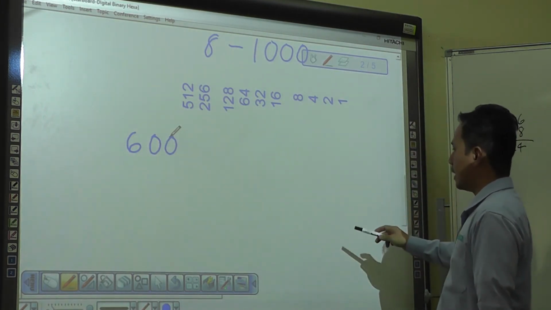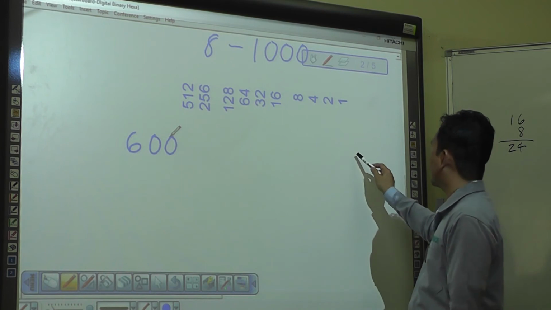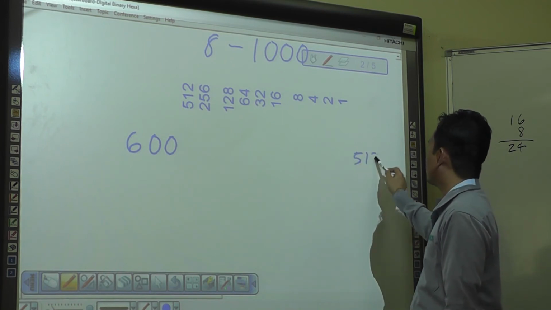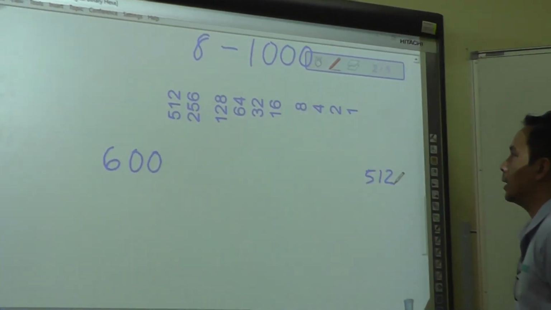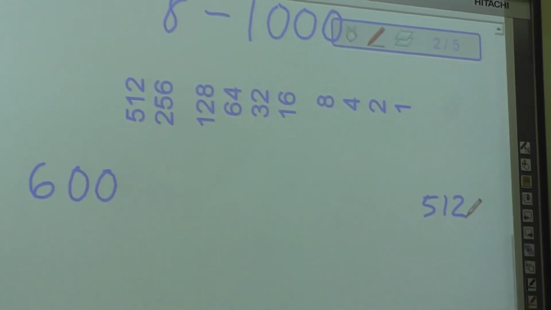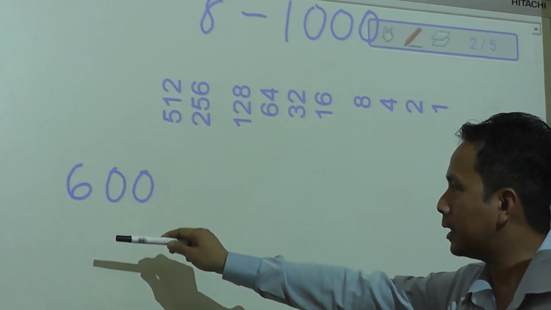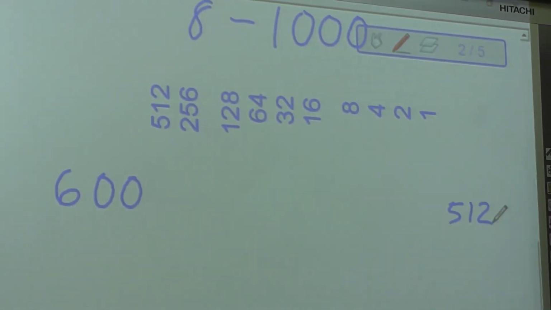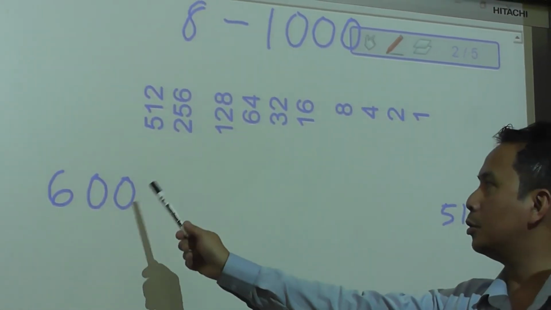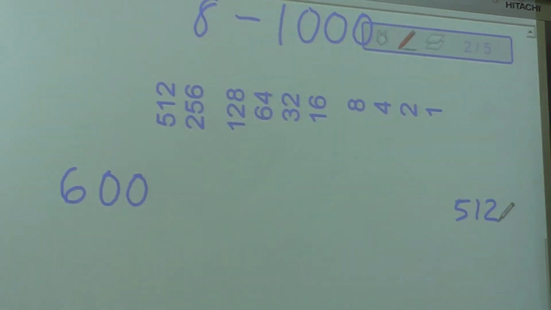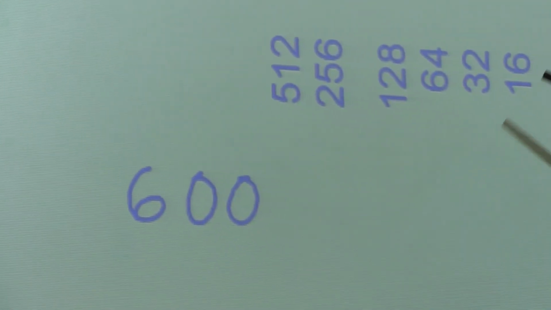So, this is 512. I will write here 512. Now, by this, until it gets 0, you need to complete this 600 out of this value.